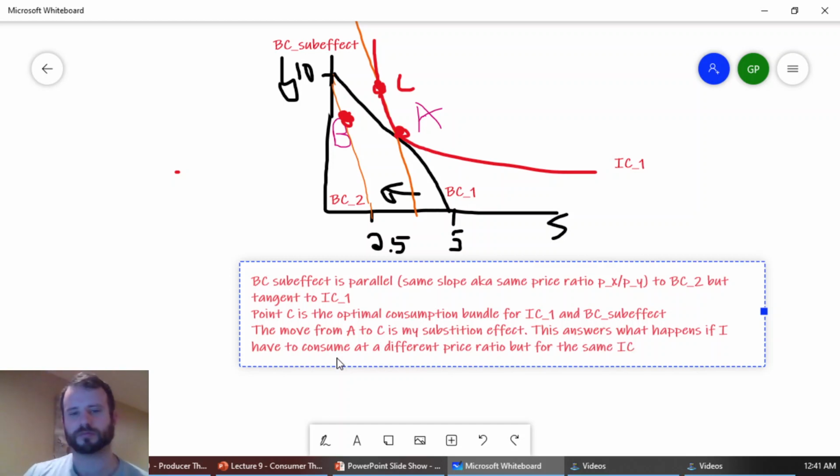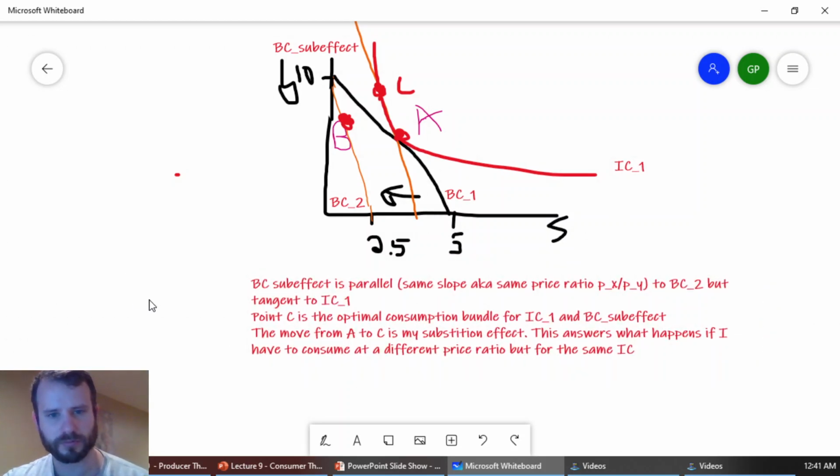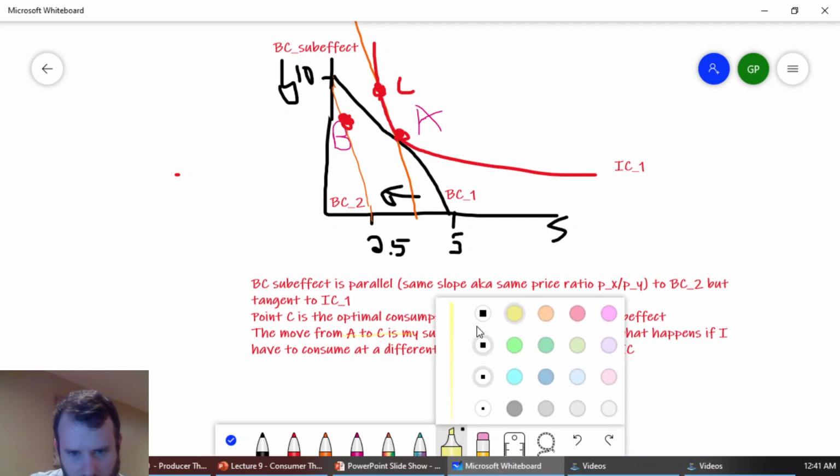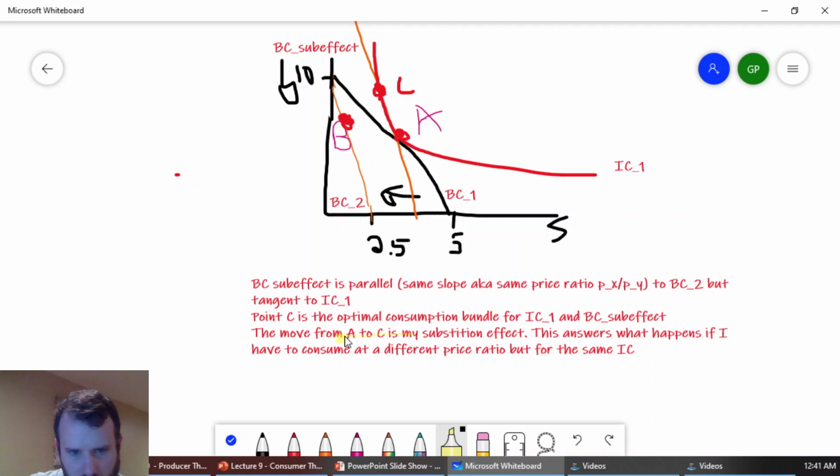Okay. So A to C is my substitution effect. I would highlight that if I could. Maybe I can. There you go. A to C is my substitution effect.